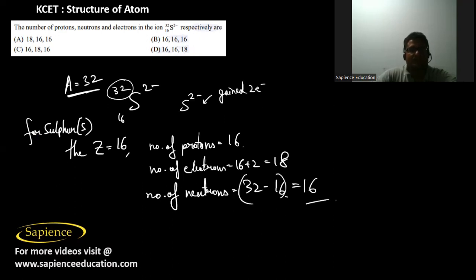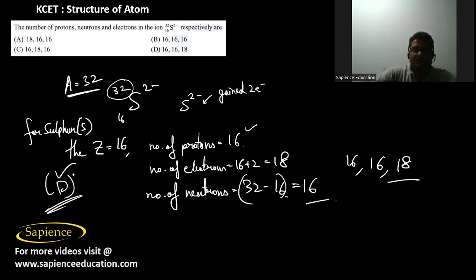So the number of protons is 16, neutrons is 16, and electrons is 18. So option D is the correct answer.